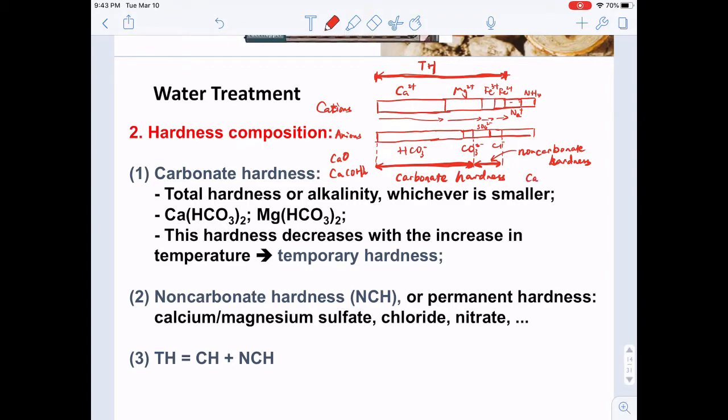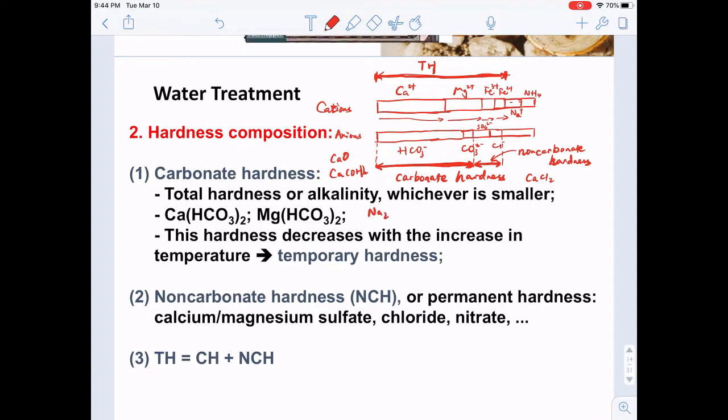But if we, for example, introduce lime into calcium chloride, nothing is going to happen, right? Because we cannot remove these species or non-carbonate hardness with these lime species here. Because of that, we need to introduce some further species, which is the soda.